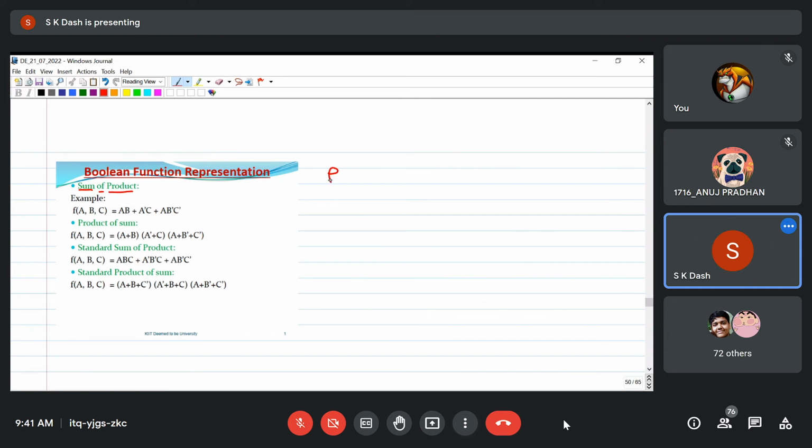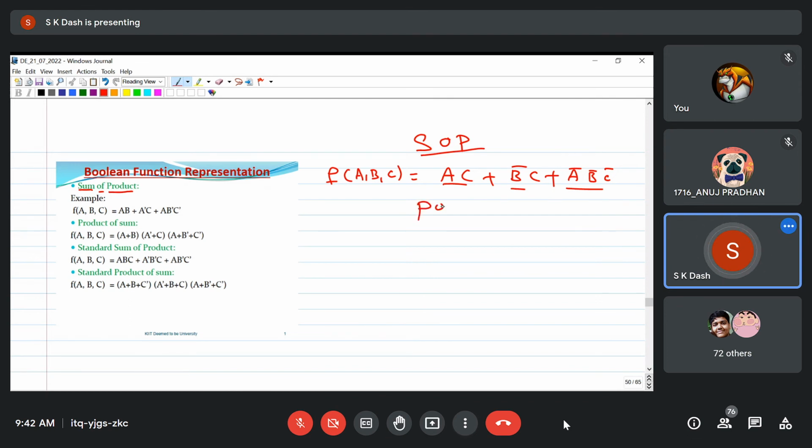Now, if we take a function of a, b, c, suppose AC is a product term, B bar C is a product term, A bar B bar C bar is a product term. Then I am adding all this. So these product terms are getting added, so it is called sum of product.